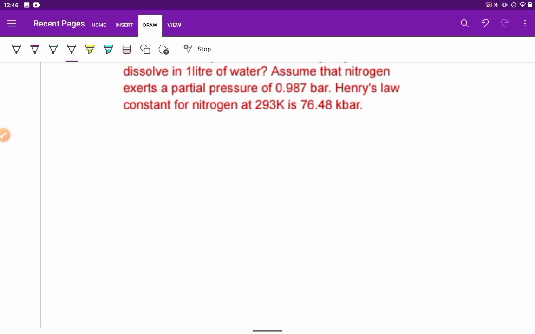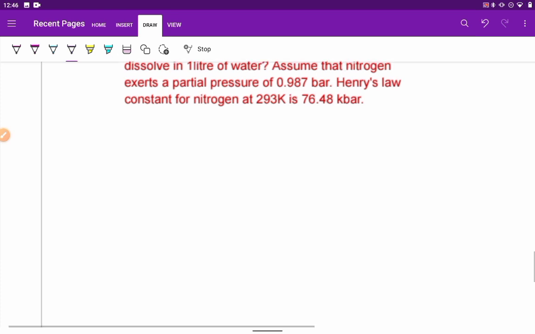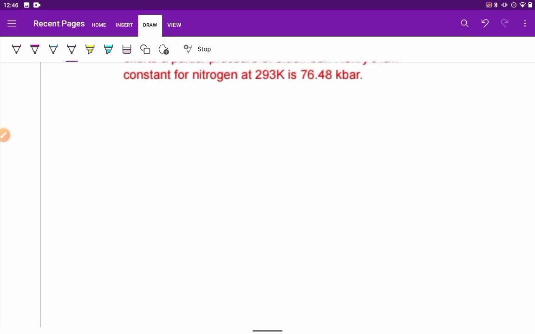Now see, we know that the solubility of the gas is related to the mole fraction in the aqueous solution. So first you have to find the mole fraction X for nitrogen. That is equal to the partial pressure divided by Kh.